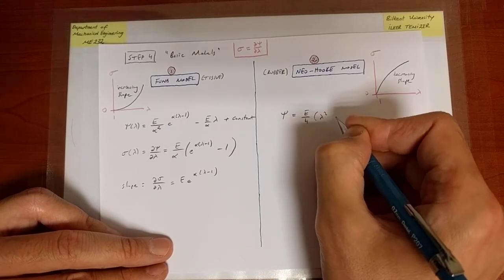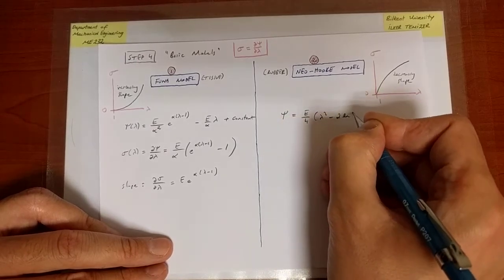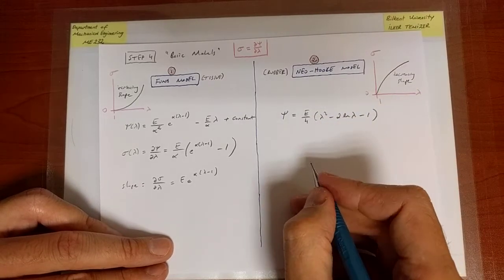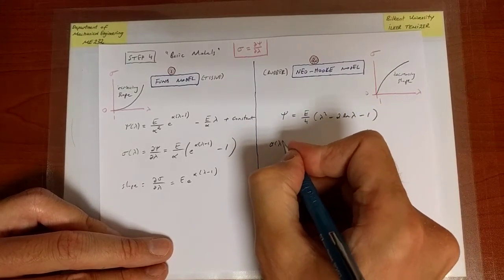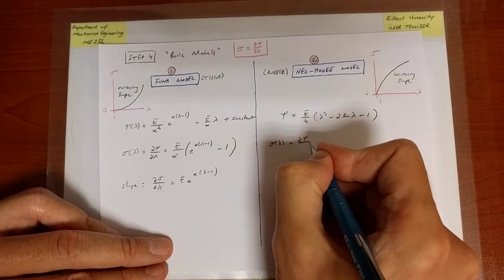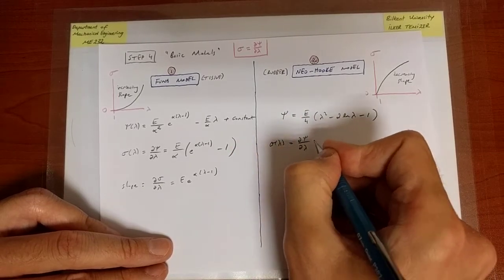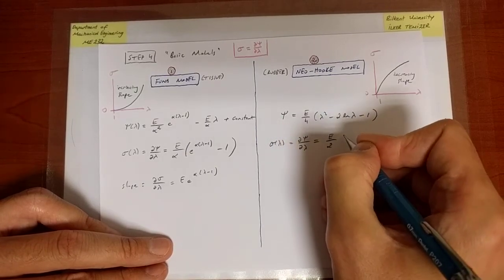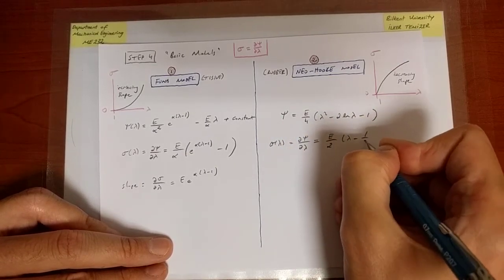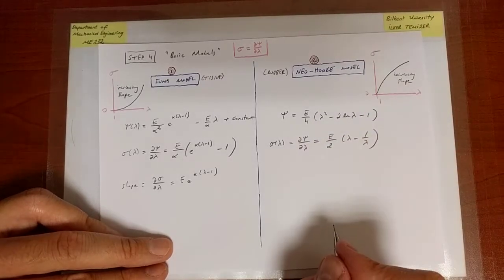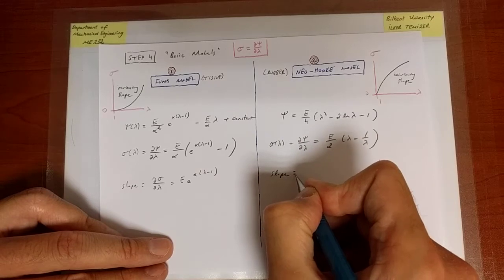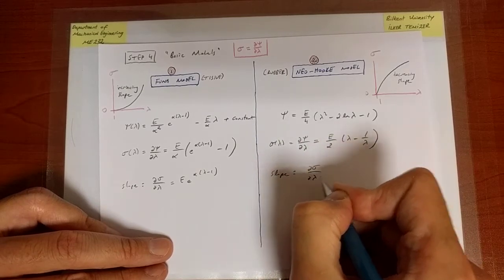We know that alone is not going to be sufficient for sure, but then we throw in some natural logarithm of lambda minus 1. So once we do that, when we calculate the stress as the derivative of the strain energy function, we will get E over 2 lambda 1 minus lambda, which is now a nonlinear relation. In particular, if we calculate the slope, then the slope is going to be del sigma over del lambda.